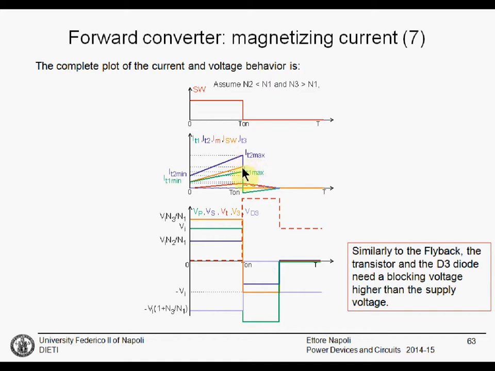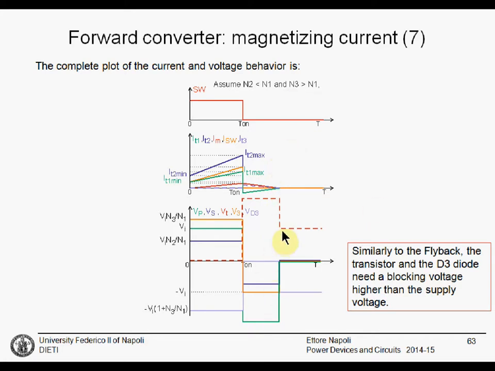The current IT2 goes to 0, and the switch current goes to 0. After a certain amount of time, the magnetizing current goes to 0, that is, the transformer is completely discharged, and we can see that the voltages behave accordingly.